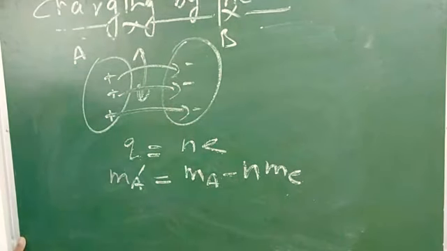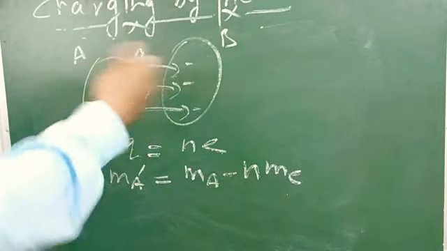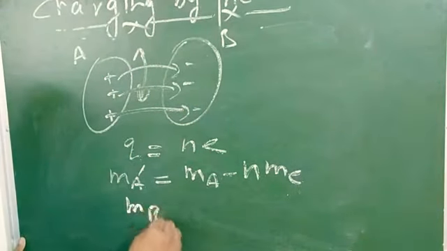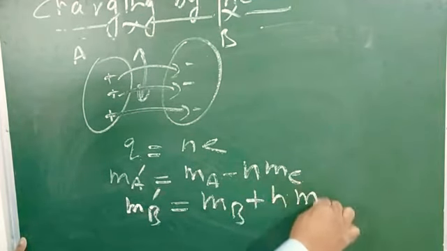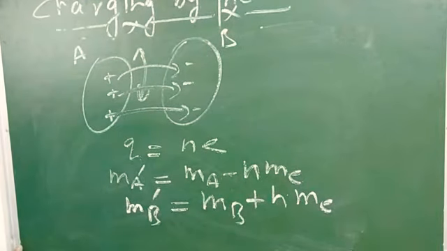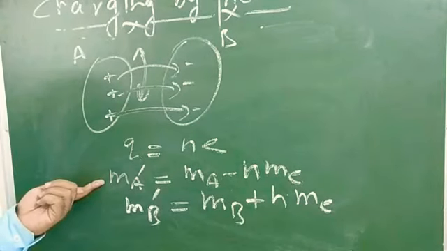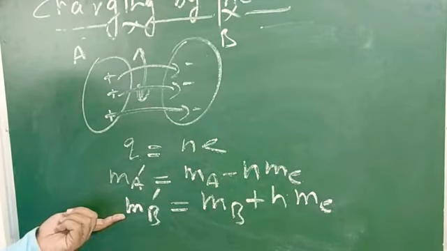Similarly, the mass of the other body will be mb' = mb + n me. Thus after charging there is a slight change in the mass of the two bodies. The positively charged body has its mass slightly decreased, and the negatively charged body has its mass slightly increased.